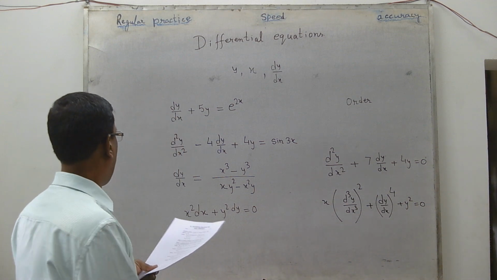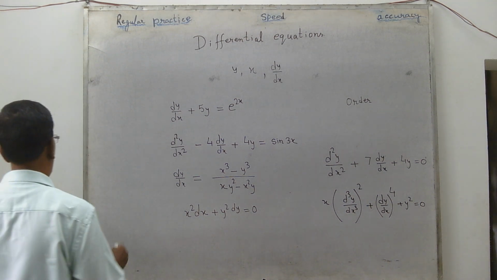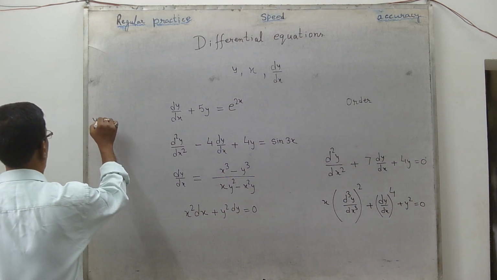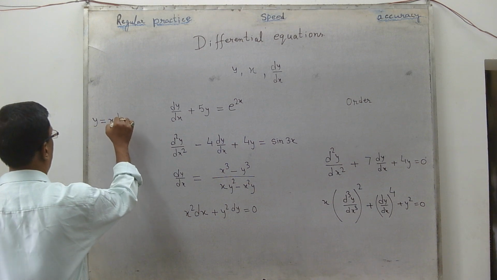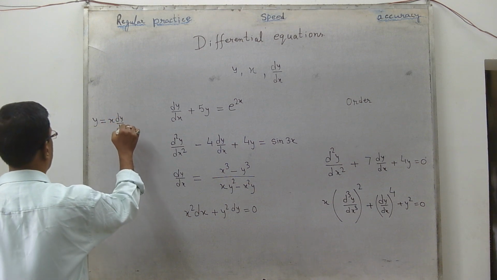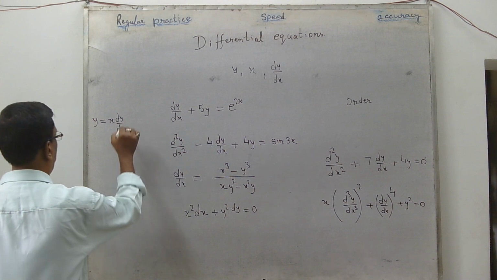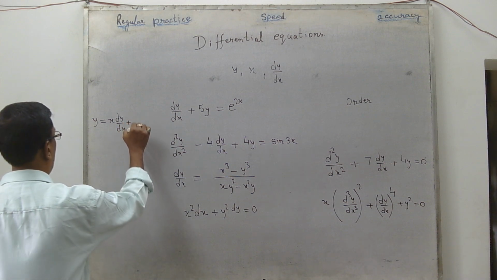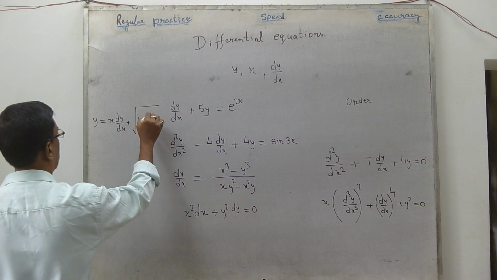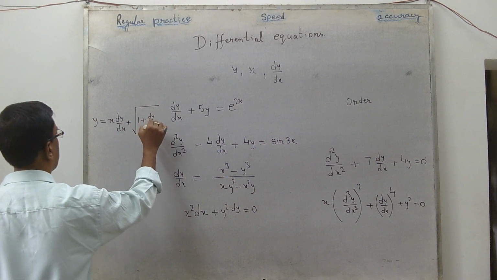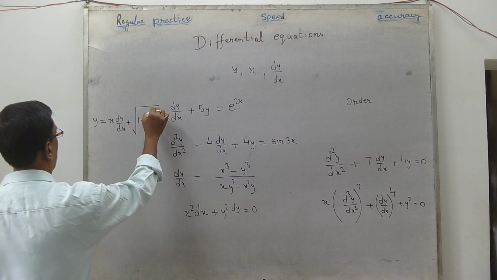Next, I write y equals to x dy by dx plus root over 1 plus dy by dx whole square.